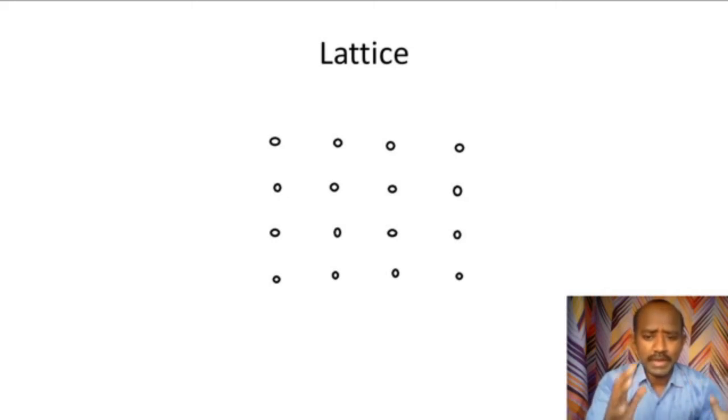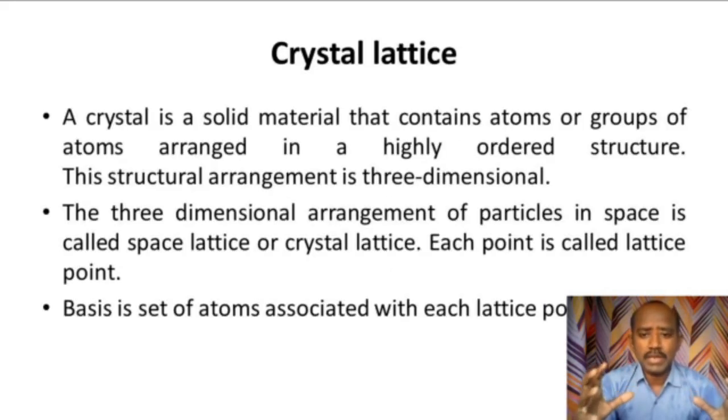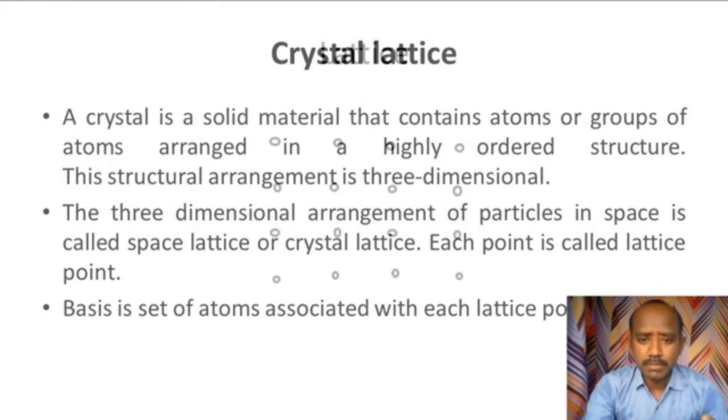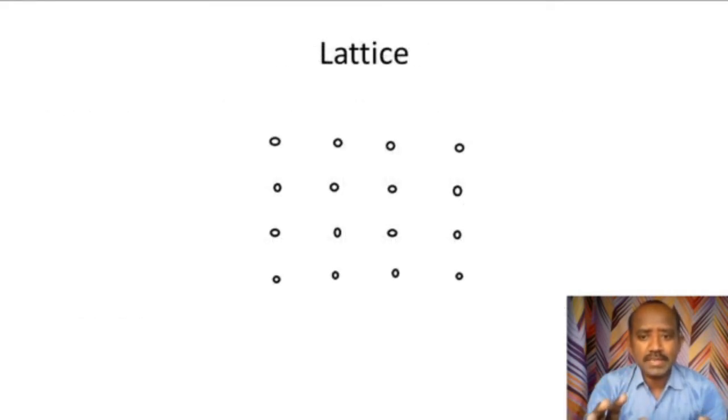This point is called the lattice point. The three-dimensional arrangement of the particles in space is called the space lattice or the crystal lattice. Each point in this lattice is called a lattice point. There are no atoms, molecules, or ions in this lattice.